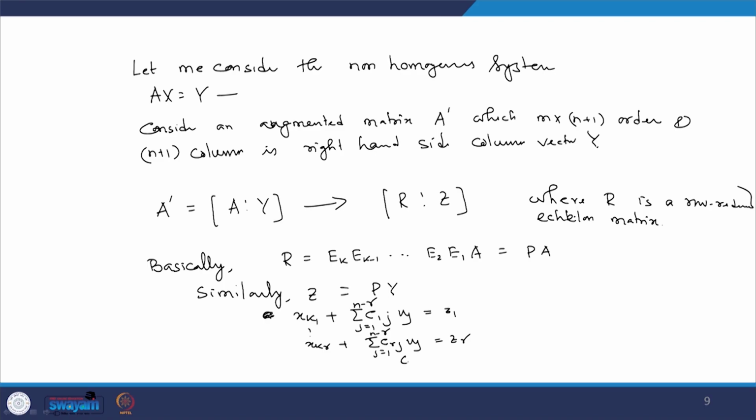Then I also have 0 equal to zr plus 1, up to 0 equal to zm. This is the required condition for the existence of a solution of the original system.